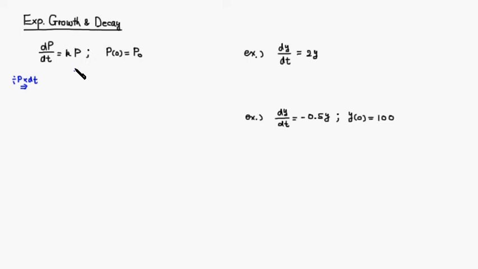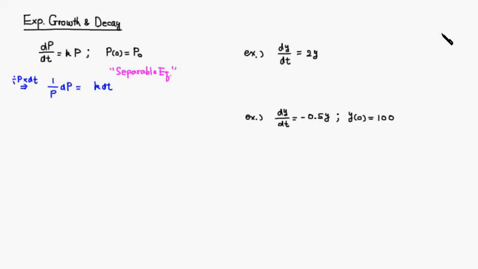Dividing by p, you get 1 over p dp, equal to, multiplying by dt, k dt. You can see that all the p's are on the left-hand side and all the t's are on the right-hand side. That's why this is called a separable equation.